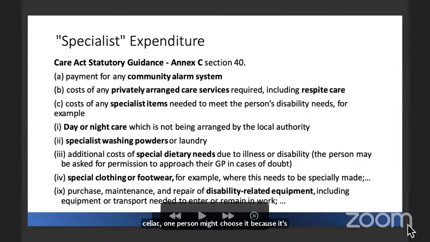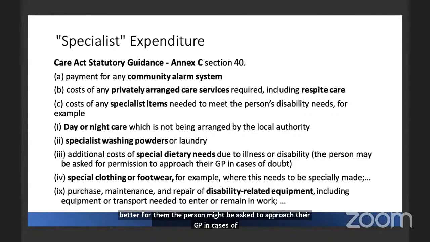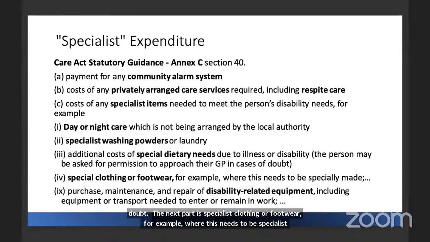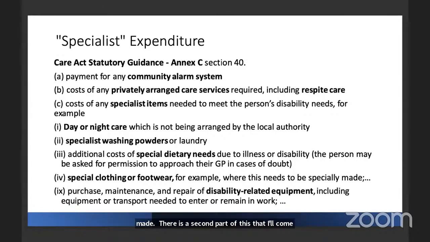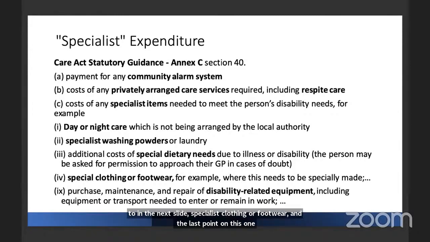The next part is specialist clothing or footwear, for example, where this needs to be specially made. There's a second part of this, which I'll come to in the next slide. And the last point on this one is purchase or maintenance and repair of disability-related equipment.